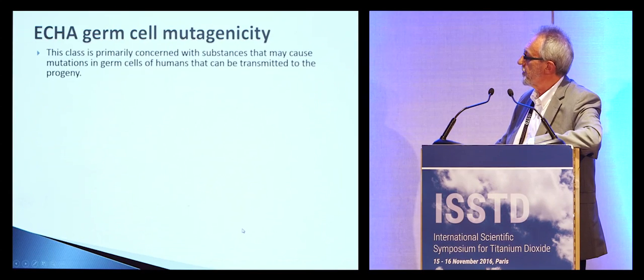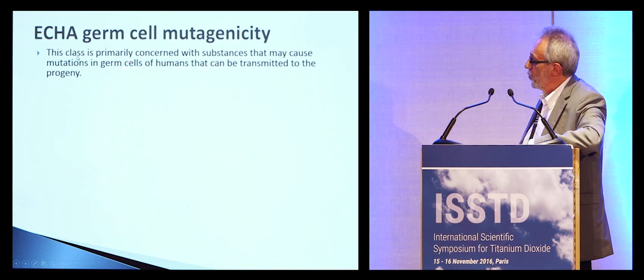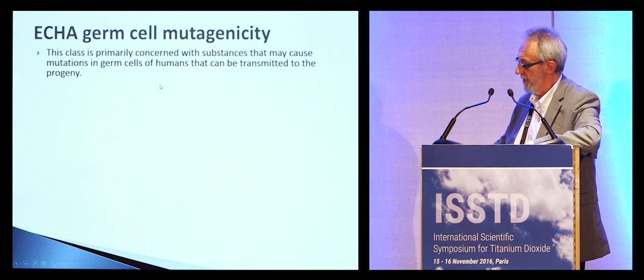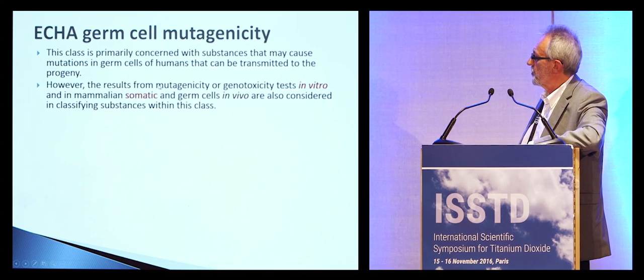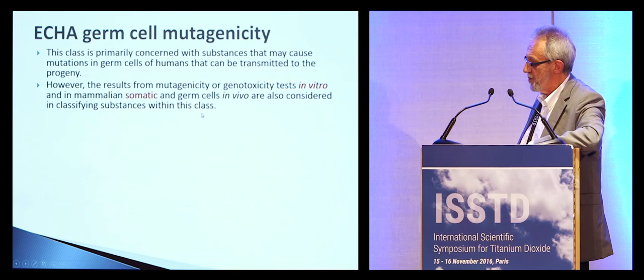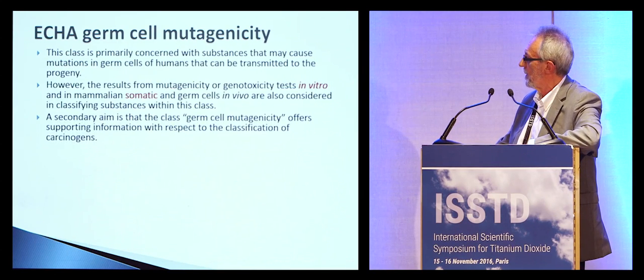Just a few words on germ cell mutagenicity, because this is relevant. This is a class which ECHA use, and it's primarily concerned with substances that may cause mutations in germ cells and could be transmitted to the progeny. However, the results from mutagenicity or genotoxicity tests in vitro and in somatic cells are also considered in classifying substances as a potential germ cell mutagen. So it's not only germ cell mutagenicity data that's used in this classification.